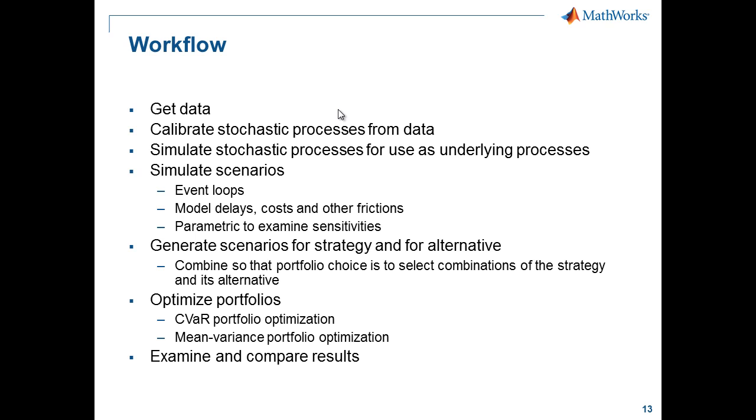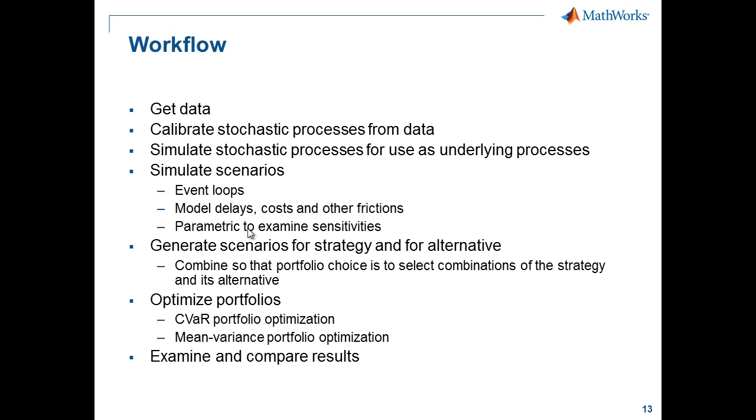In this case, we'll be generating 20,000 samples of scenarios for 26 stocks. And when you generate a scenario, you have event loops and model delays, and there are all kinds of costs and frictions, some of the delays of assignment, for example, which we'll be modeling. And you can make this very parametric, which means you can try looking at different sensitivities to different effects.